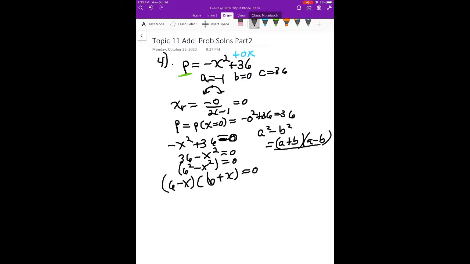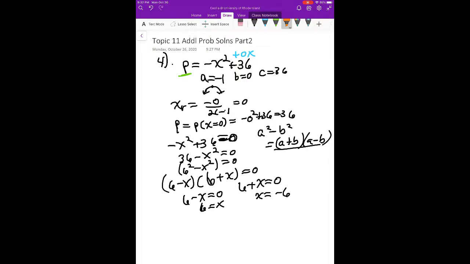So when two things are multiplied together, right, we know we've been doing this a lot, one or the other has to be 0. So either 6 minus x has to be 0 or 6 plus x has to be 0. And we can solve each one of these, and we get that x equals 6, or that x would equal negative 6.